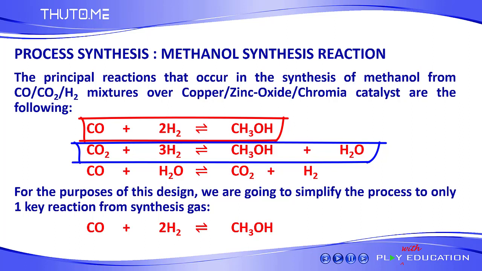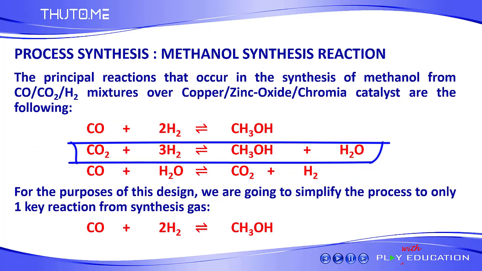Because the copper zinc oxide catalyst also promotes water gas shift, the water gas shift reaction occurs too. If you look at recent literature, it is believed that the principal reaction for methanol synthesis is actually the second reaction, where most of the reaction happens via the CO2 path.